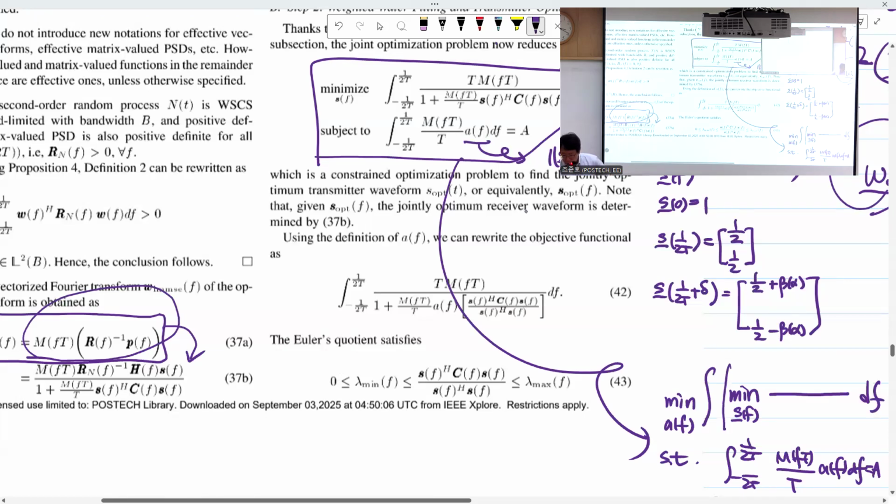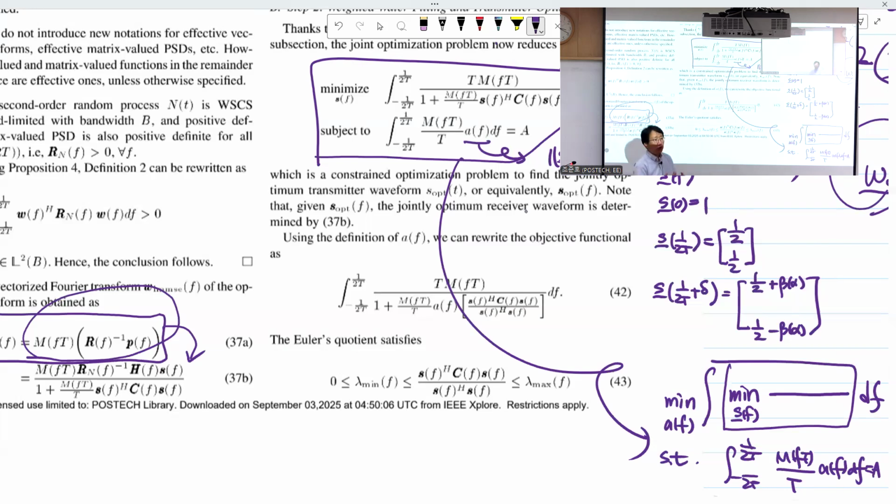Got it? So interestingly, at each offset f, we can do minimization, given A of f, of the norm square of the S vector. How? Because see that A is given. I've intentionally put this one and divided by 1. It's like A divided by A, assuming A is not 0.